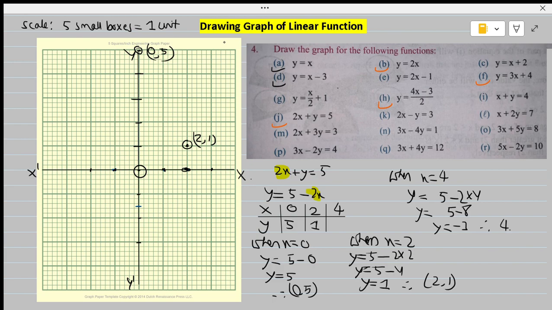Therefore another point is 4 comma minus 3. Let's place this. For x we count 1, 2, 3, 4, so x equal to 4 is here. After counting x as 4, we count y negative, so that's down: 1, 2, minus 1, minus 2 and minus 3. So this is the point 4 comma minus 3. Now these 3 points we have formed. Now let's join them.